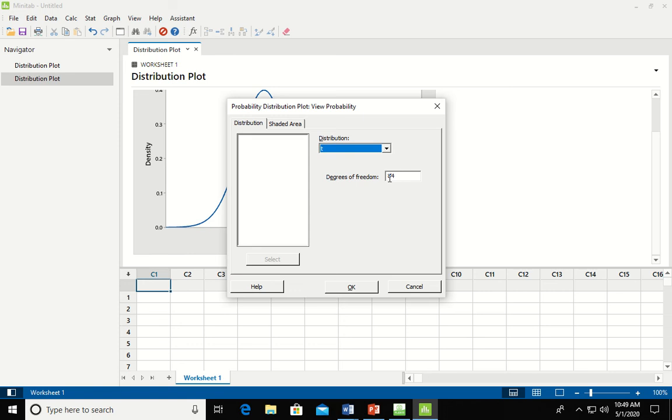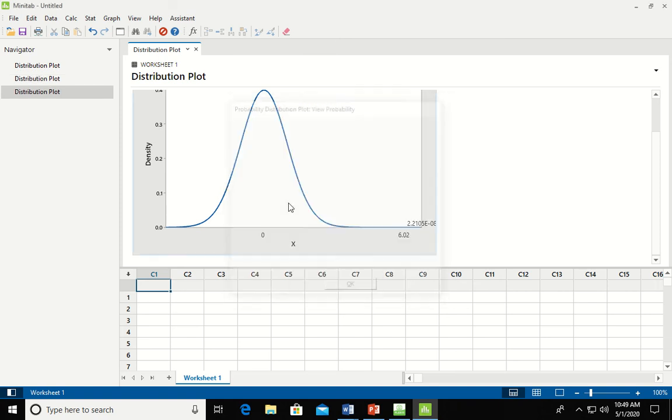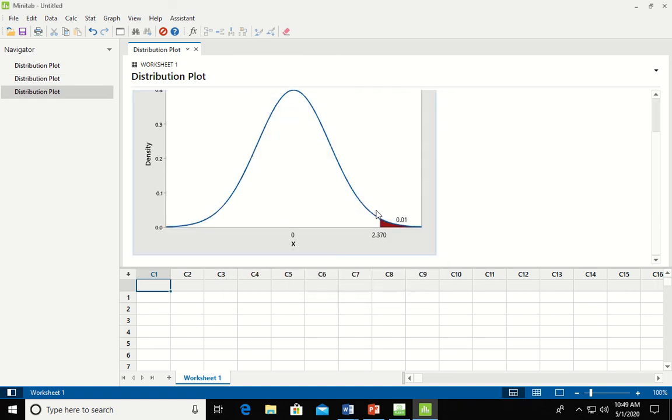Did I put 84 last time? Uh-oh. 87 degrees of freedom. I want the probability in the right tail to be only 0.01. If I want to do the left tail, I put 0.99. If I go ahead and calculate that, I get 2.37. So the multiplier is 2.37.